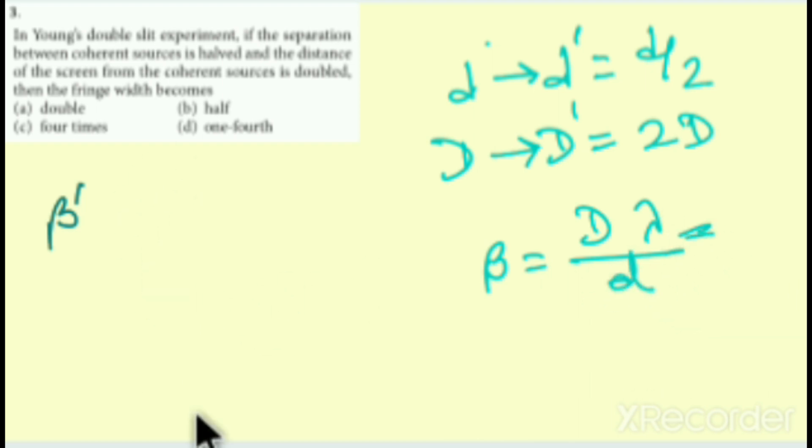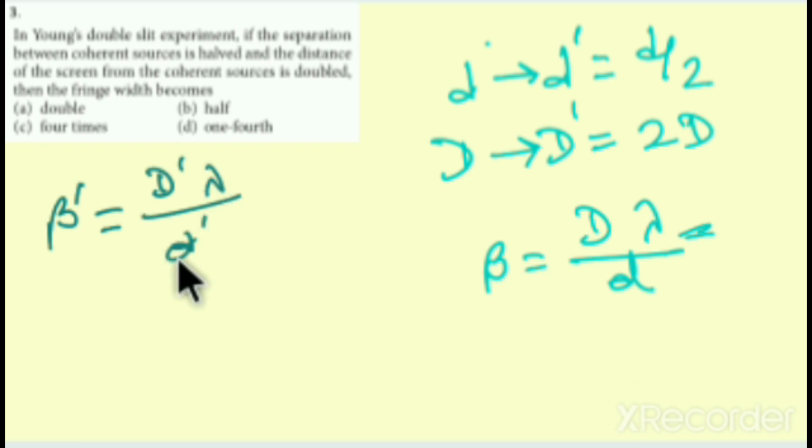So let's put it here. Beta prime is equal to D prime lambda by small d prime.